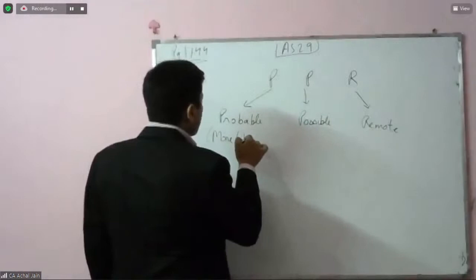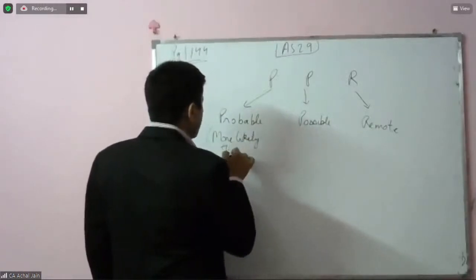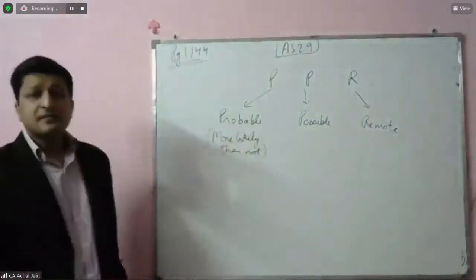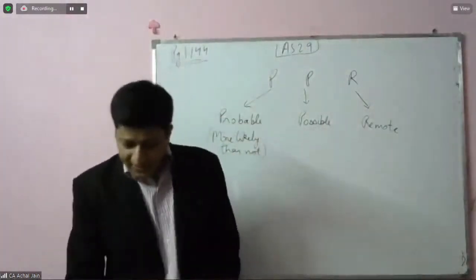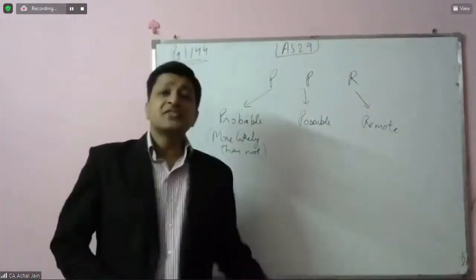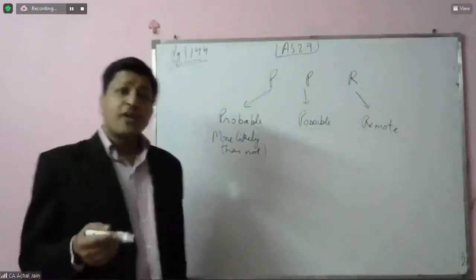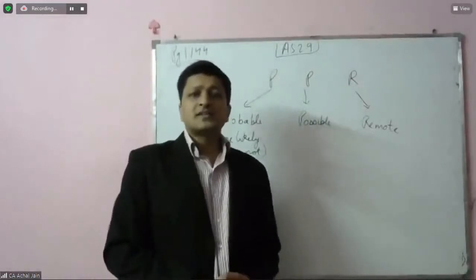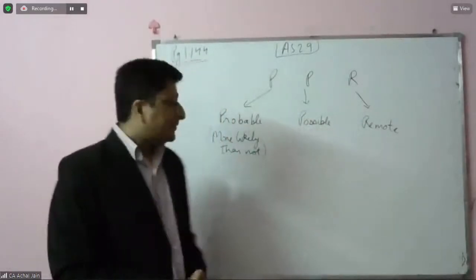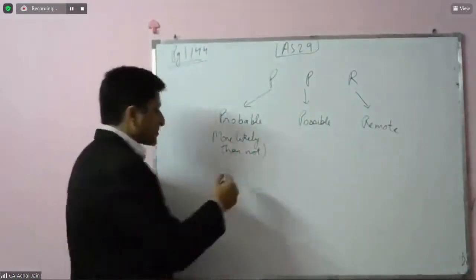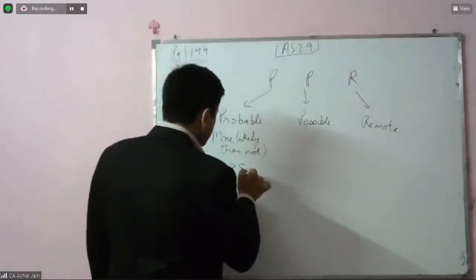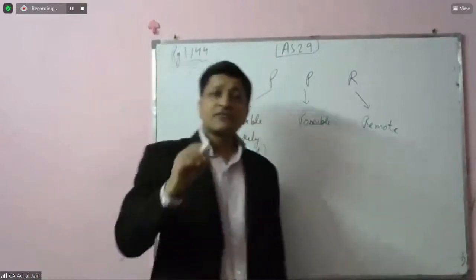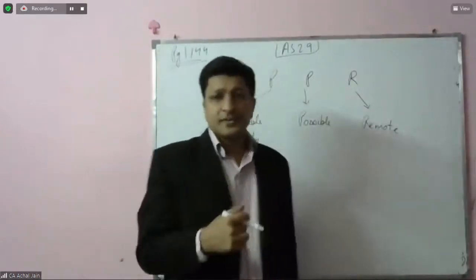Or in other words, the chances of occurrence of that event are more than 50%. So probable is a situation wherein the chances are more than 50%.